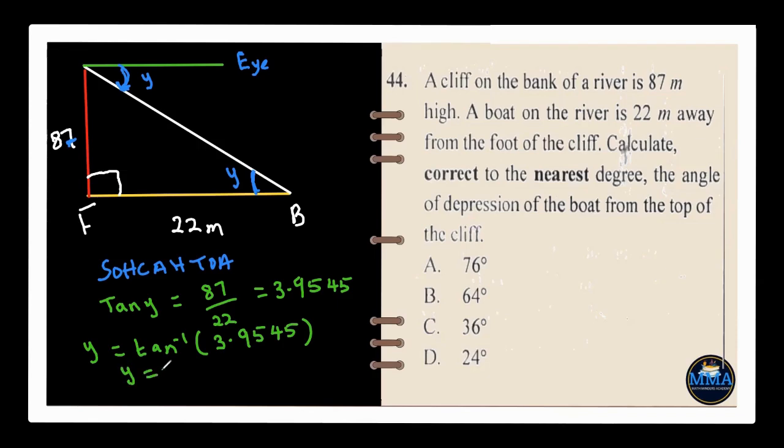So when you take the arctan of that, it's going to give us 75.8 degrees. But they say to the nearest degree. So to the nearest degree, it's going to be 76 degrees. And this is option A. So we'll mark option A, and we proceed to question number 45.